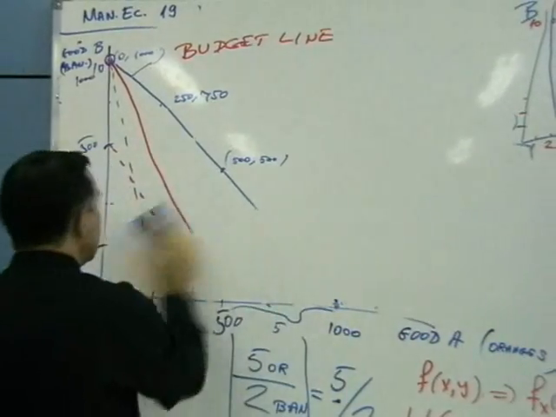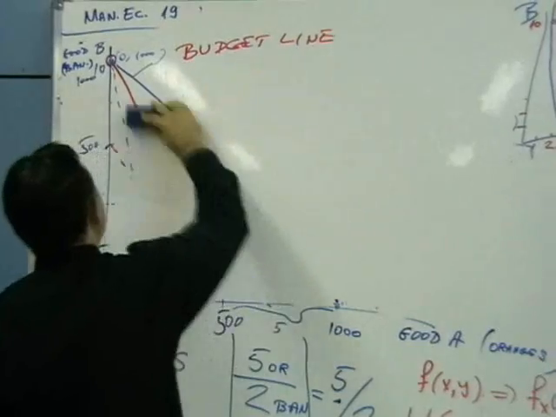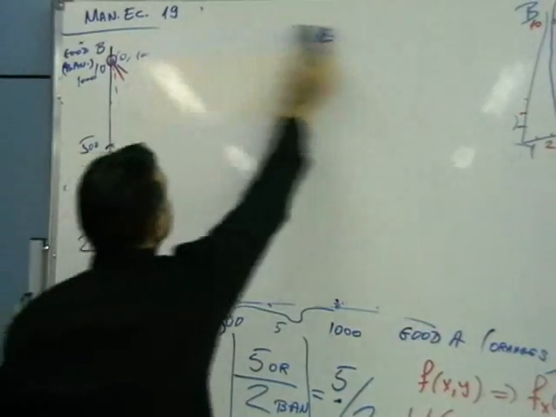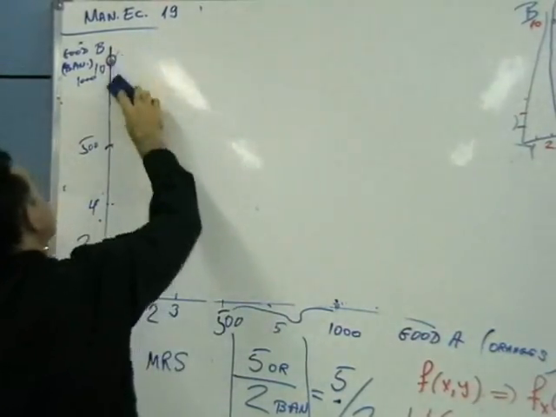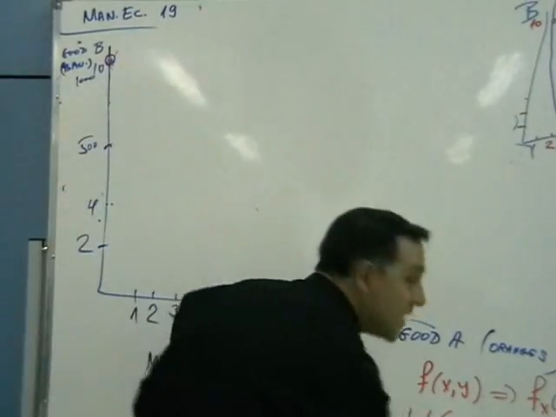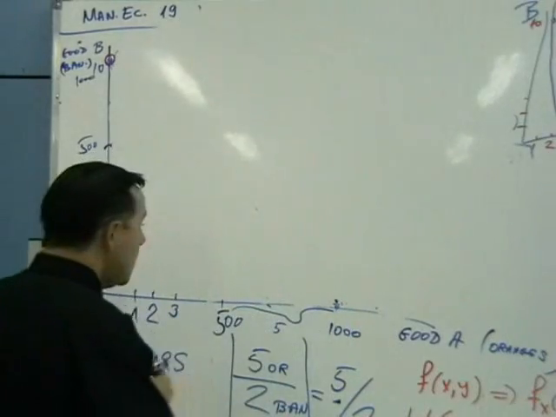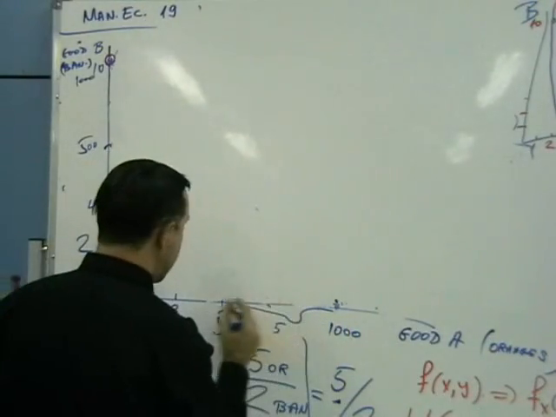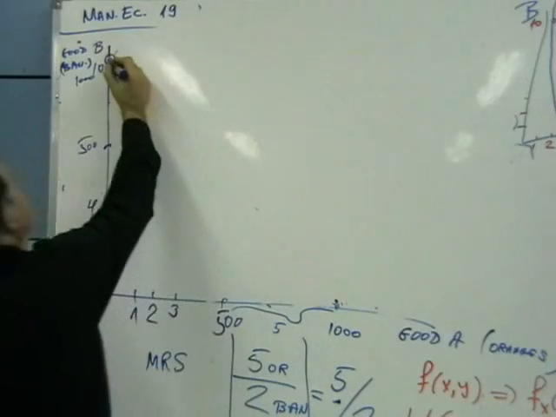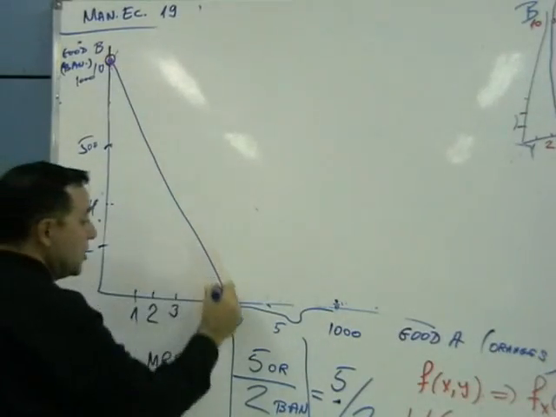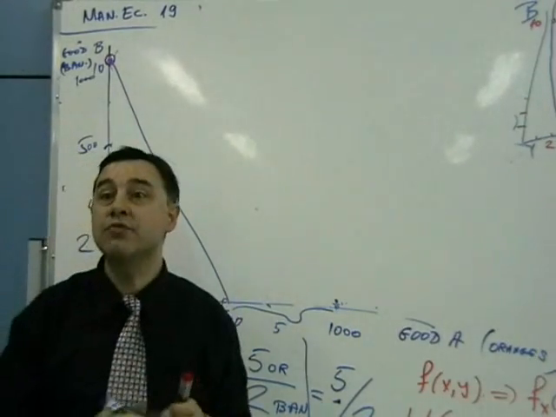Let's show the last piece before we get done: how is the consumer maximizing his consumption? Well, let's say he has a particular budget line, right?